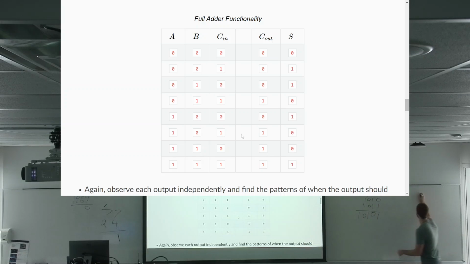Think about it. 1, 1, and we have a carry bit coming in. Well, that's 3. It would work the same way with decimal. 7 plus 2 plus 1, that's 10.